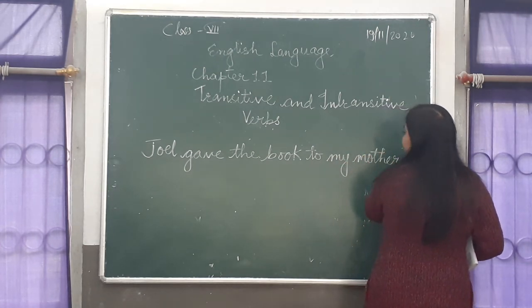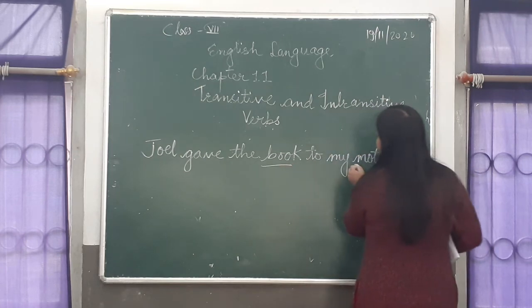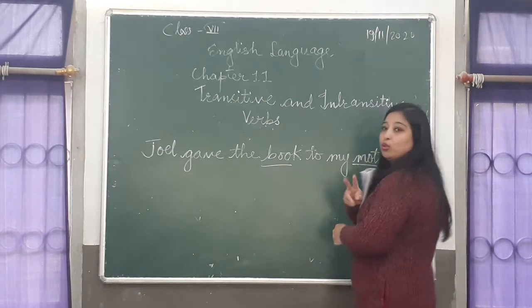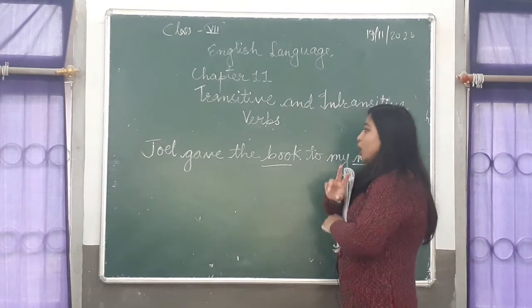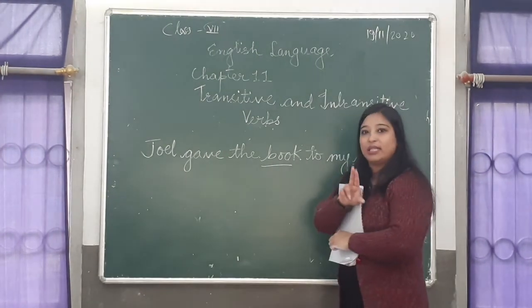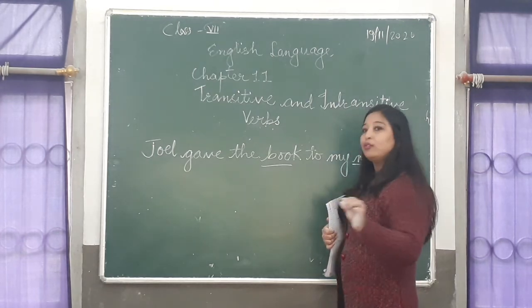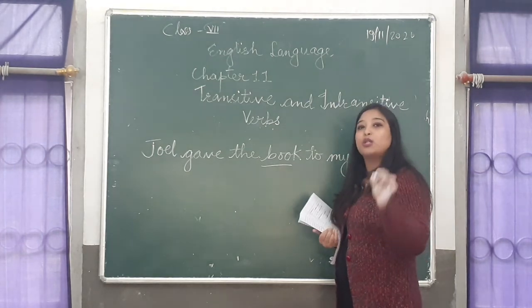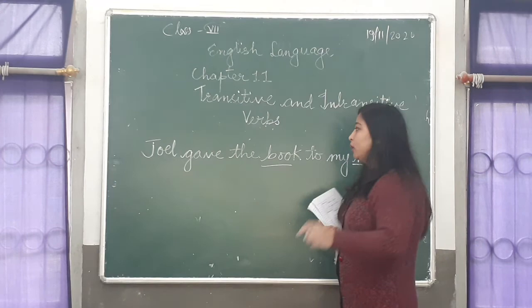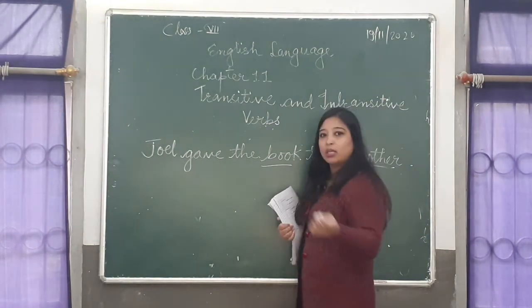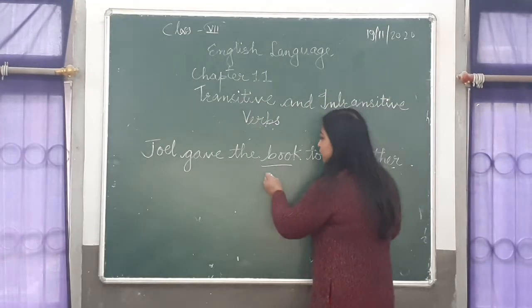There are two objects, isn't it, children? The book and mother, isn't it? Two objects. So in order to identify the direct and the indirect object, you'll have to ask the question first, what and whom. Joel gave what? The book, isn't it?